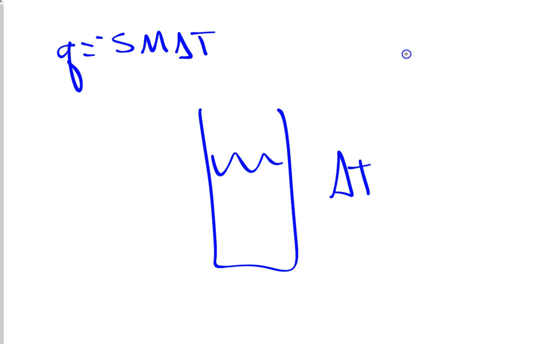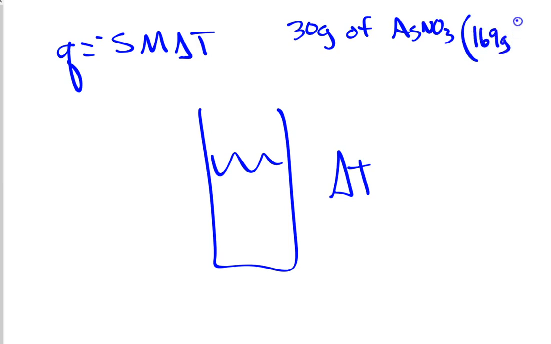Does that sound familiar? Okay, so let's pretend I put 30 grams of AgNO3. Now, from memory this morning, just to save us some time, that's 169 grams per 1 mole. You okay with that? Okay, 30 grams of AgNO3 in 200 milliliters of water.